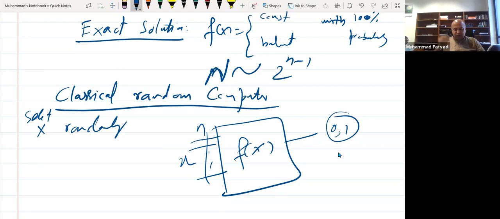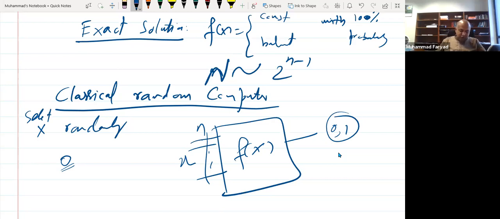For the sake of argument, let's say you get 0. With what confidence or probability can you say the function f is constant or balanced? 0, right? Because there's no way for us to tell whether a function is constant or balanced just because of one input, because one input could be anything. It could be 0 or 1, it doesn't matter.